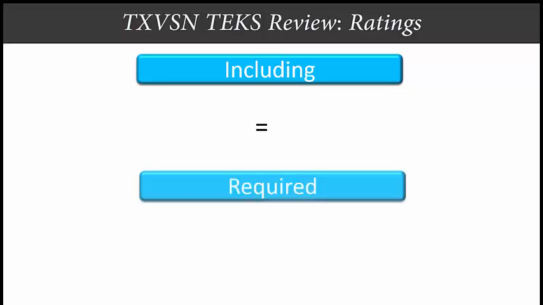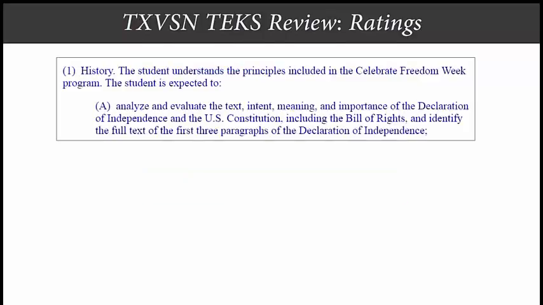Including. When a student expectation lists several components that are joined by the word including, then it is required that those components must be assessed at the appropriate Bloom's level to be considered observed. For example, take a moment to read this standard.